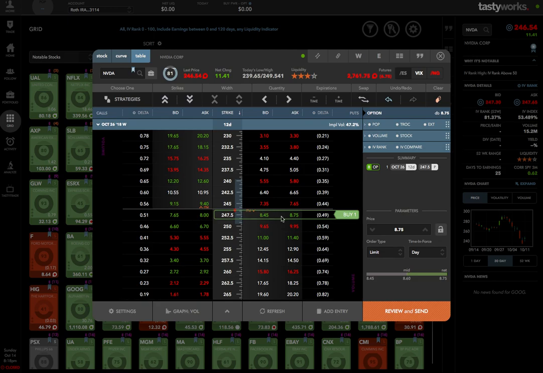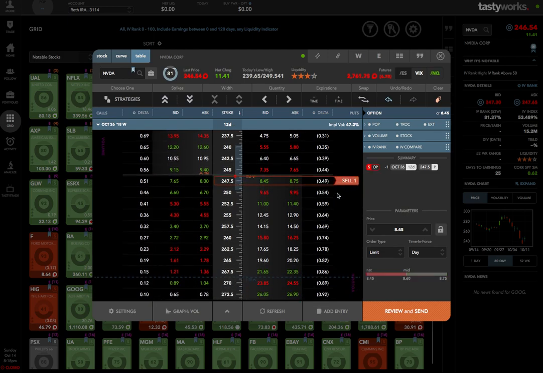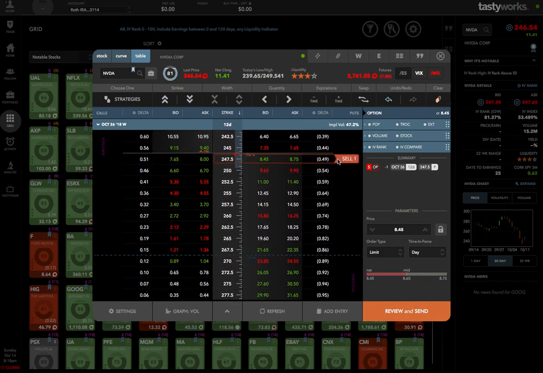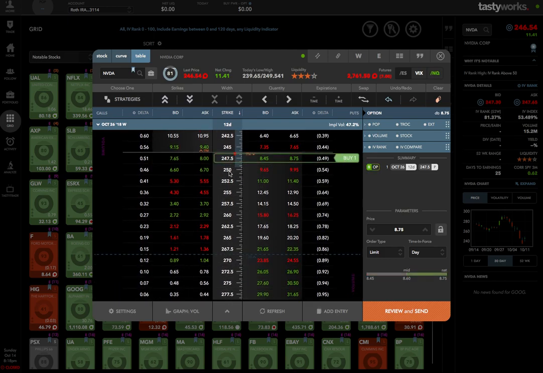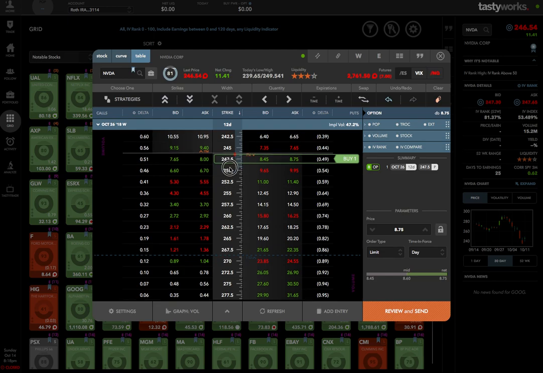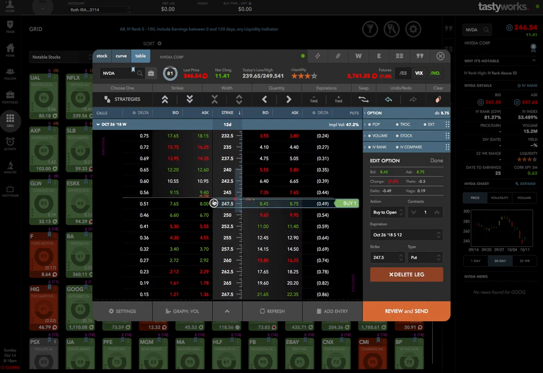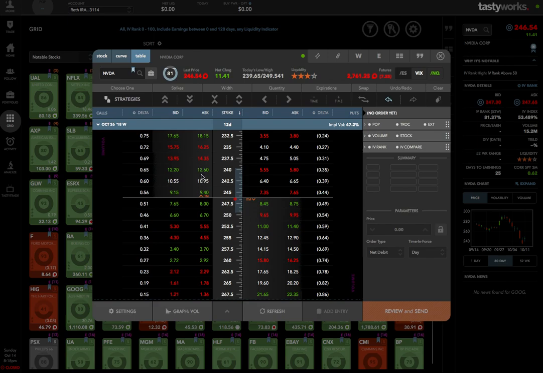Okay, so here's the put side. Again, the strike prices, the bid, the ask, and the deltas. And you can move this around wherever you want. You could sell it, you could buy it. Say I don't want to buy that one, I want to buy this one.